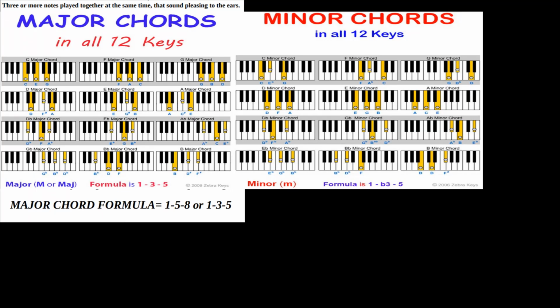By using the circle of fifths and different major scales, we could figure out that the first, the third, and the fifth note of the major scale form the major chord triad. For instance, in C major, C, E, and G were the first, third, and fifth notes and form the major triad. Another method of doing this was the 1-5-8 formula.